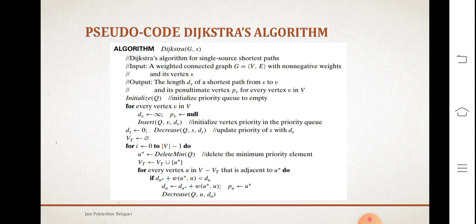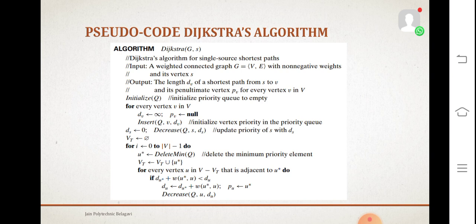First, initialize the priority queue Q to empty. For every vertex v in V, dv is set to infinity, because we don't know the traveling cost from the source to the vertices, and initially pv is set to null.